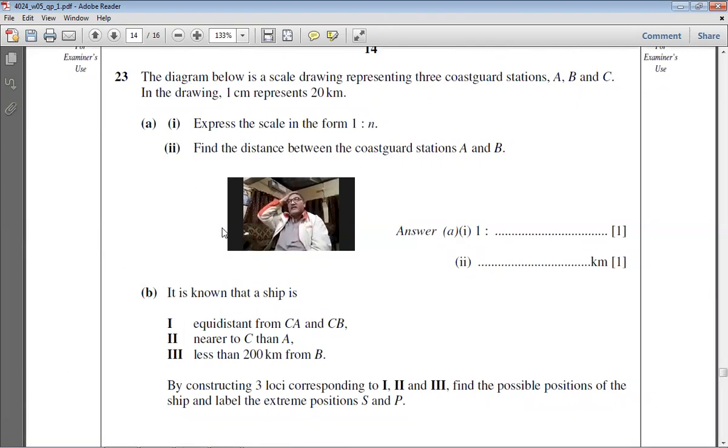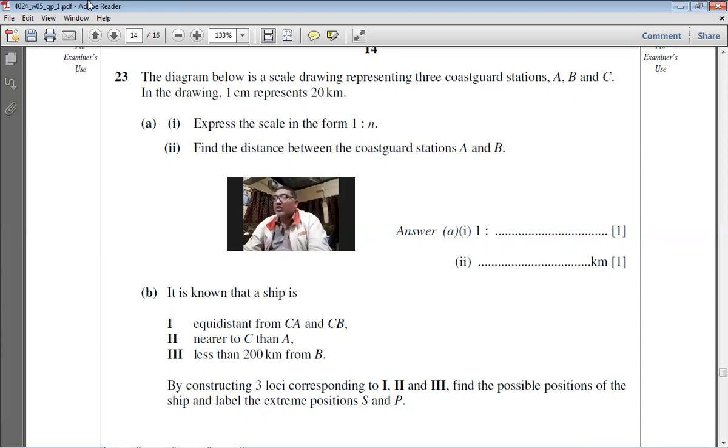So we can represent this as the ratio map to actual. Map is 1 centimeter, actual is 20 kilometers. But when you represent two things in a ratio, their units must be the same. So I can represent both of them in centimeters. So 1 centimeter will be 1 centimeter, but 20 kilometers will be 20 multiplied by 100,000, because in 1 kilometer there are 100,000 centimeters.